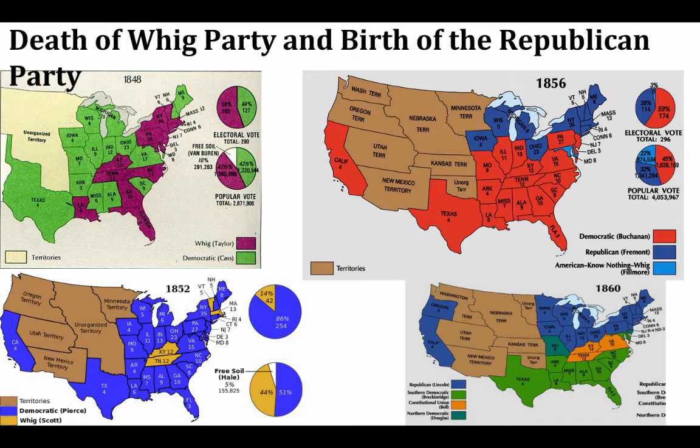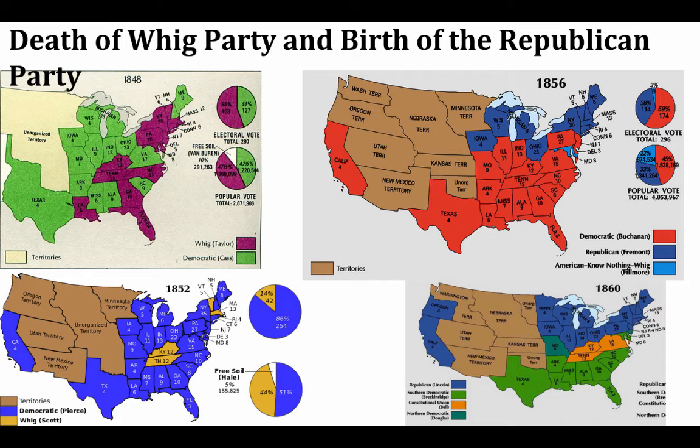In 1852, it's a landslide election for the Democrats, but you see the Whigs do have some Southern support and also some Northern support. It's important to note that the 1852 election is also known as the death of the Whig Party. They are destroyed by the Compromise of 1850.